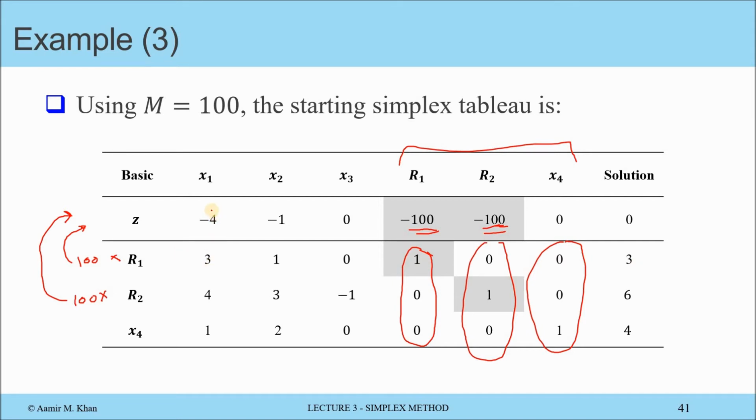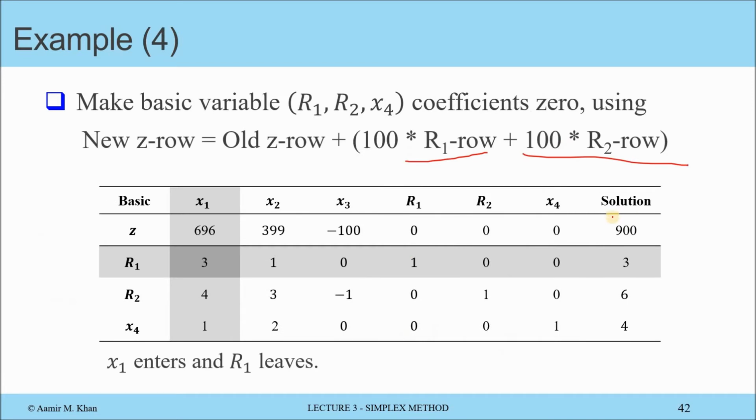So it will become 296 and 99, 0. Here it will become 0. Here it will be minus 100, 0 and 300. So let's see. It will come out like this.